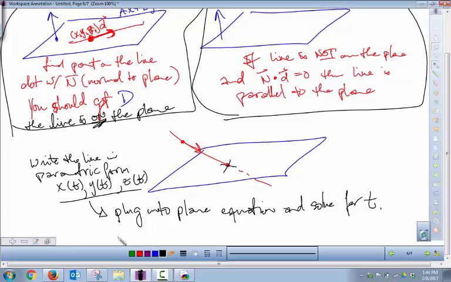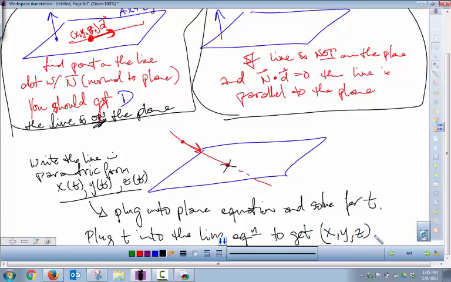And then after you find t, plug t into the line equation to get your point x, y, z. Okay? I'm not going to do an example of this because I have 5 minutes to talk about two lines.